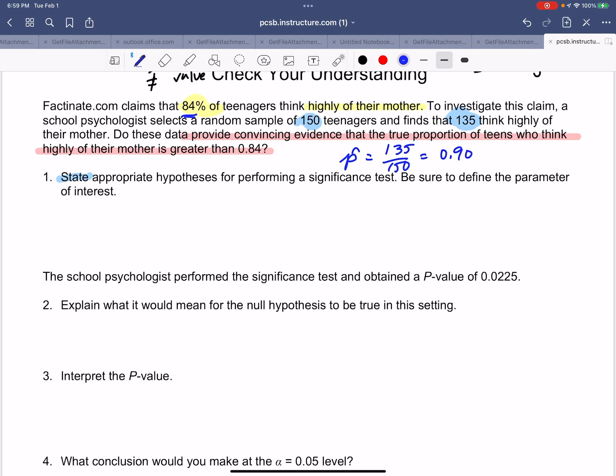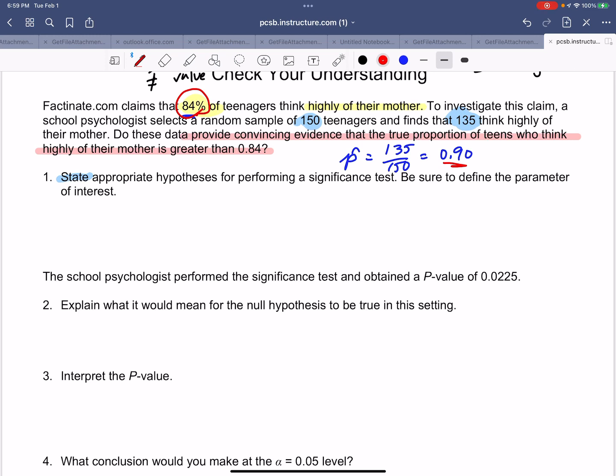Again, what we're saying is if the truth really was 84%, then part of the time you might be a little higher than that, part of the time a little lower. So is this sample just based purely on chance and the truth really is 84%?